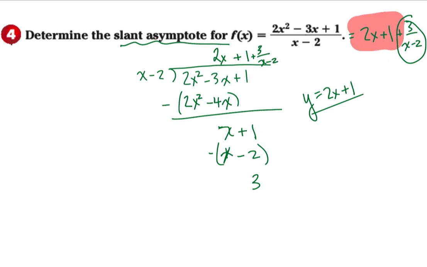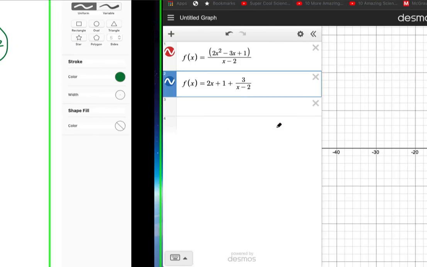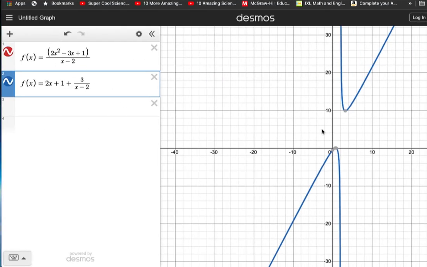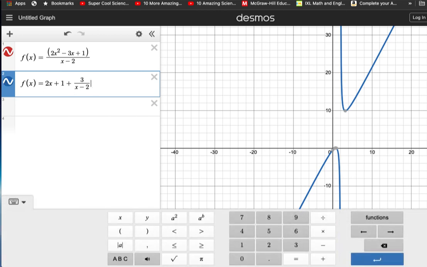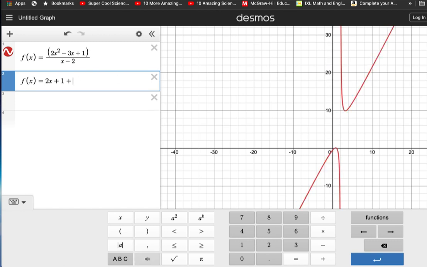Let's go ahead and take a look at this in Desmos, and see how the slant asymptote and the actual function compare. So I'm going to zoom in over here, and what you'll see is the red graph is the original function, and then the blue graph is the one that we manipulated by long division. And so now what I'm going to do is erase this extra part here, the part that keeps it from actually being this line.